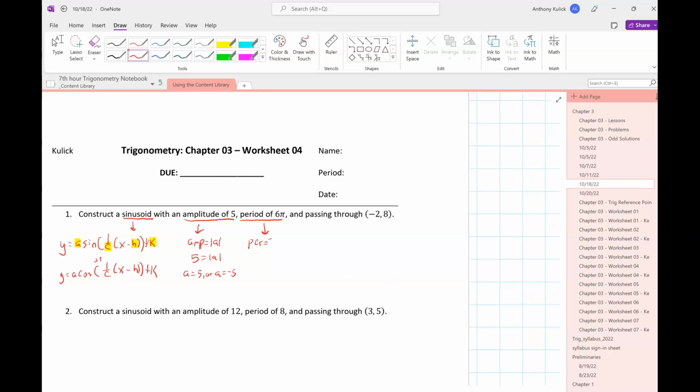The period for sine and cosine is 2 pi over the absolute value of C. So 6 pi should equal 2 pi over the absolute value of C. That tells me that C is 1/3 or negative 1/3.